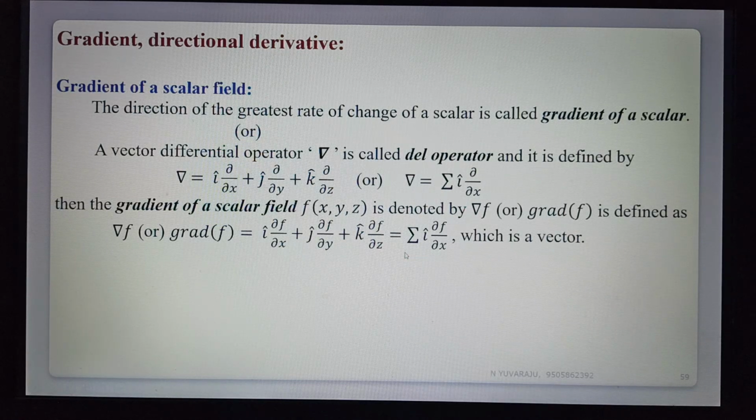The simple form is the summation of i dou f by dou x, which is always a vector. So the gradient of a scalar field is always a vector.